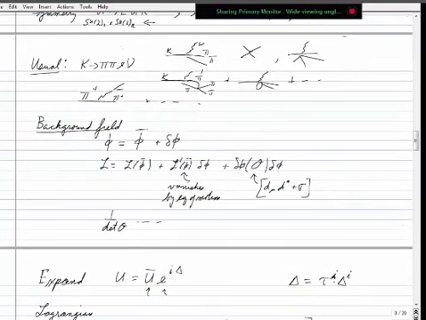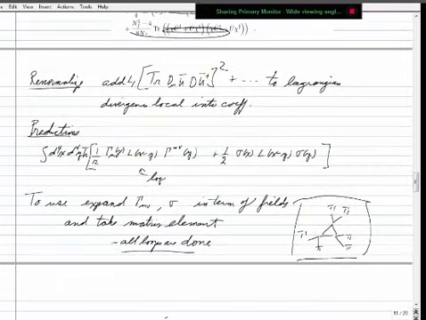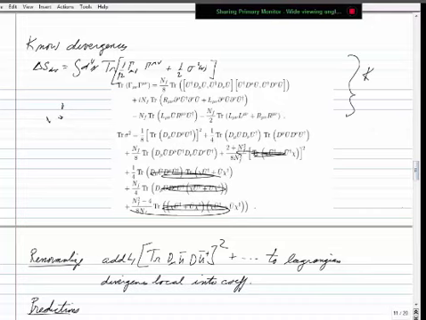I basically just expand gamma mu nu in terms of the fields and sigma in terms of the fields, and I take matrix elements. I don't have to do any more loops. All the loops are done.